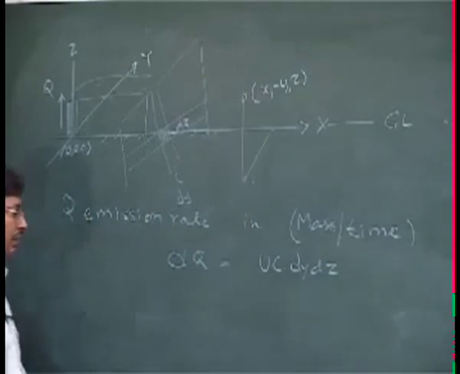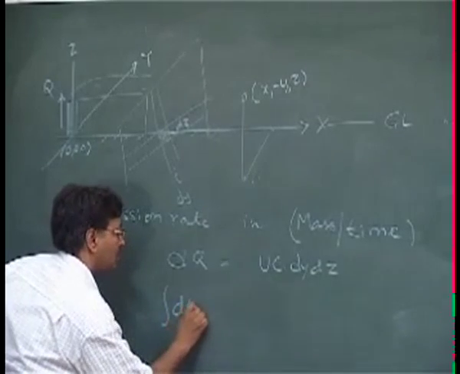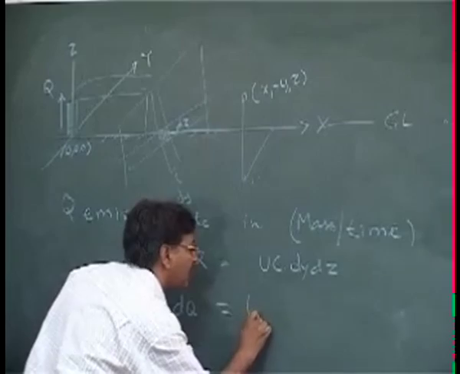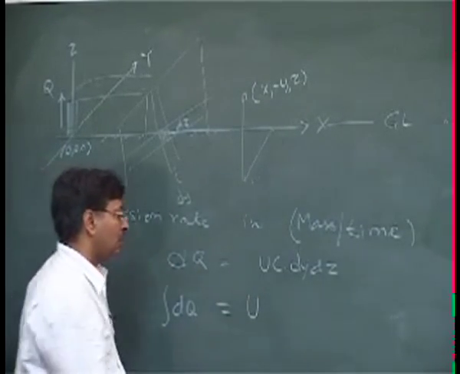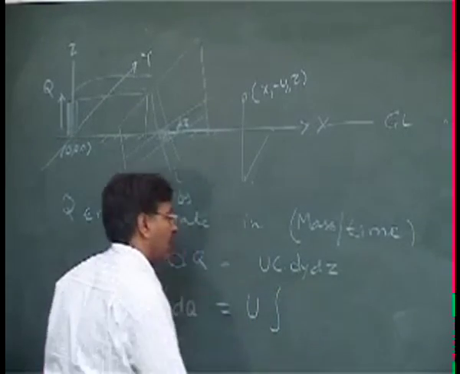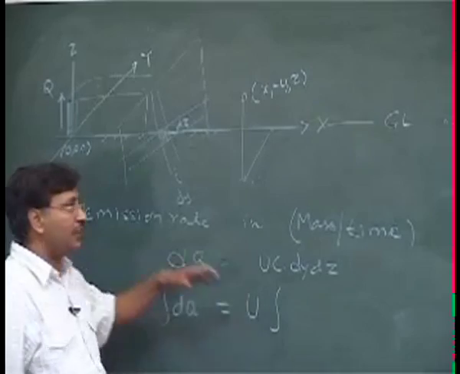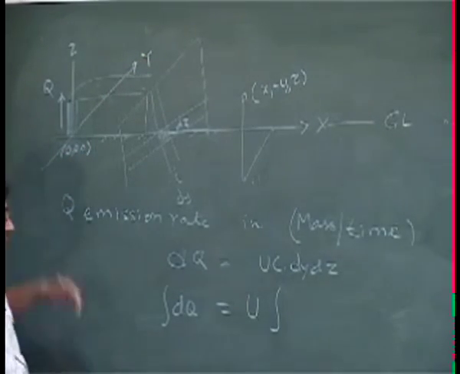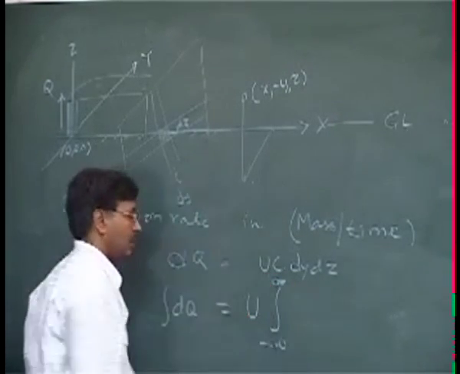If I integrate from both the sides, u, as I am saying, is not a function of anything. y I integrate from minus infinity to plus infinity, because the plume can go in this direction and in this direction.